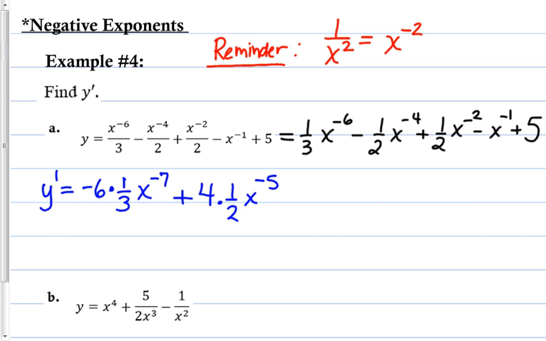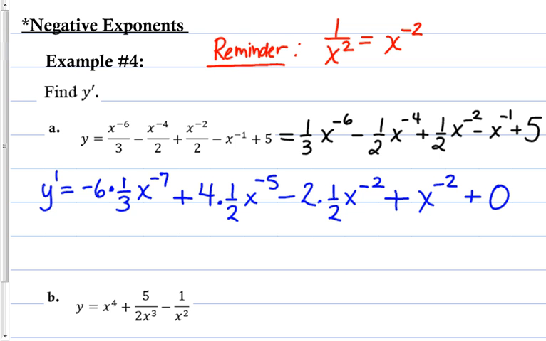Plus x to the negative 2, but I'm going to bring the negative 2 to the front, so minus 2 times 1/2 x to the negative 2. Proceeding. That negative 1, I'm going to bring it to the front, which makes that minus a plus x, and then subtract 1, and then the 5 is a constant, it becomes 0.